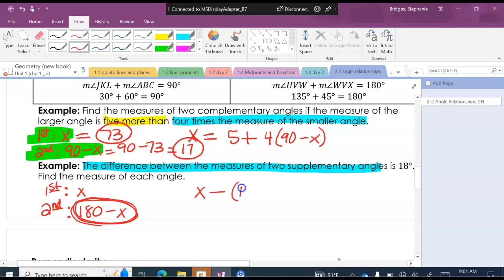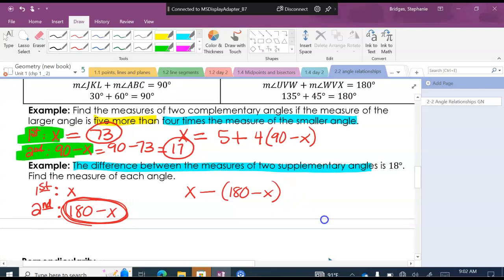So when I subtract, I need to put both of them in parentheses. And what does it say their difference is? 18. So that means equals 18. Okay. One angle minus its supplementary angle is 18.